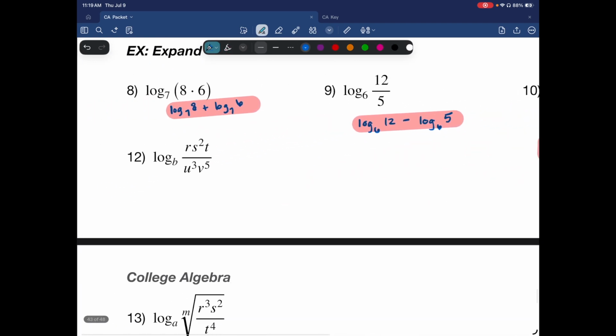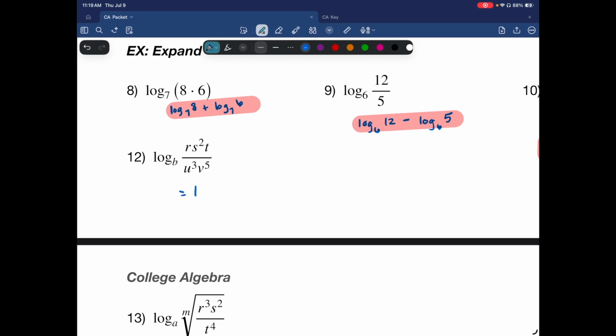Now let's really test our skills here. Everything on the top is going to be adding because it's all multiplying, and then everything on the bottom is going to be subtracting. So here's the catch. Let me just work it out. So here we go.